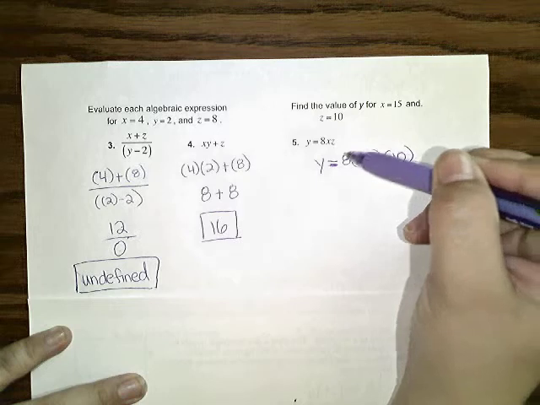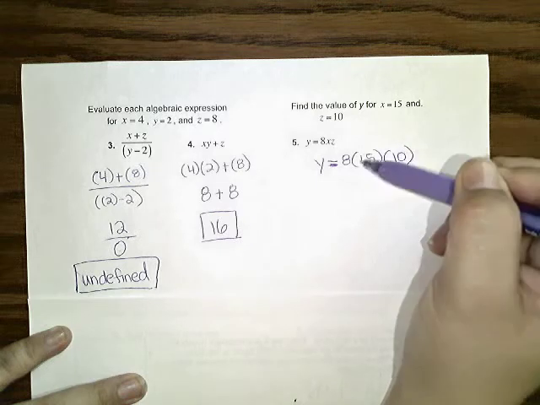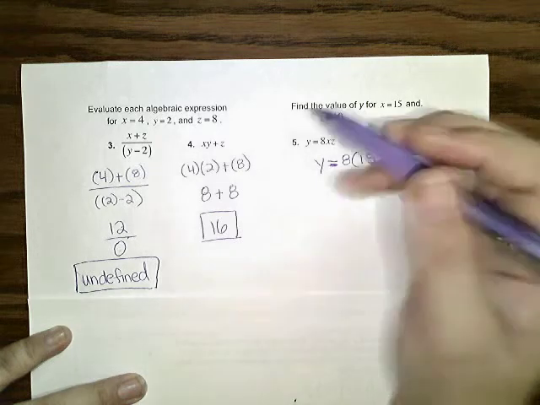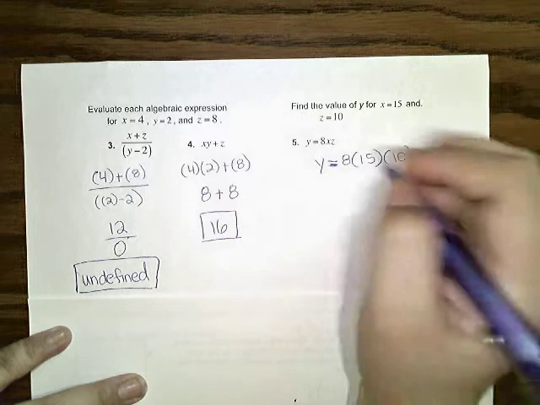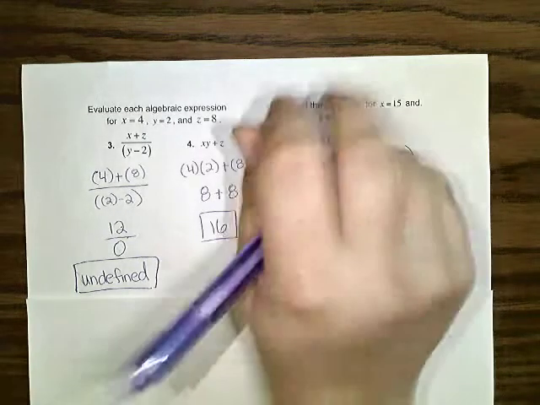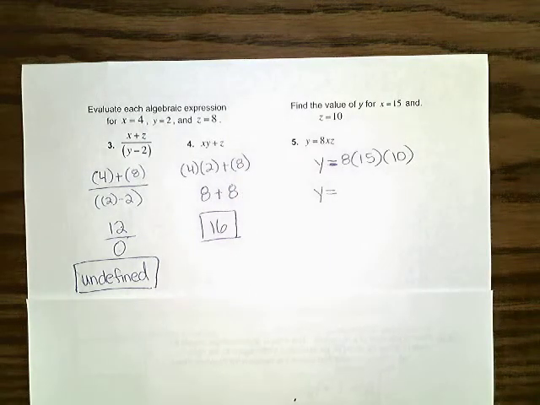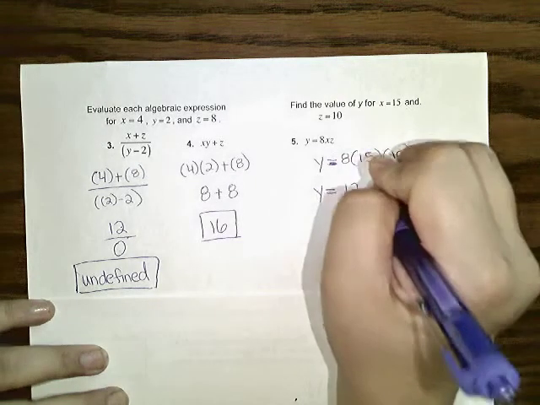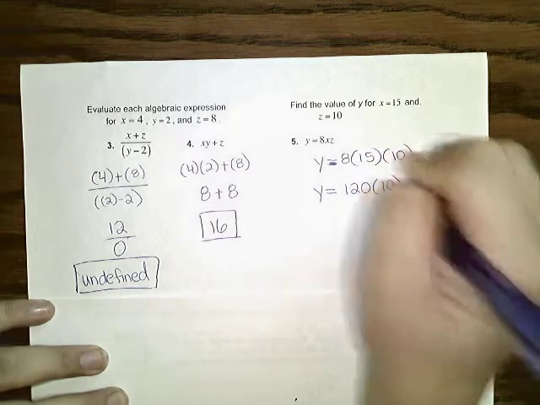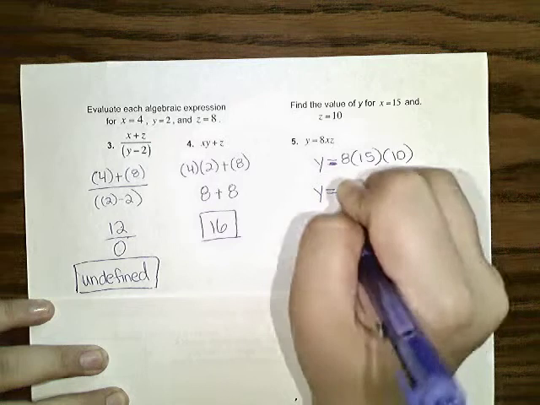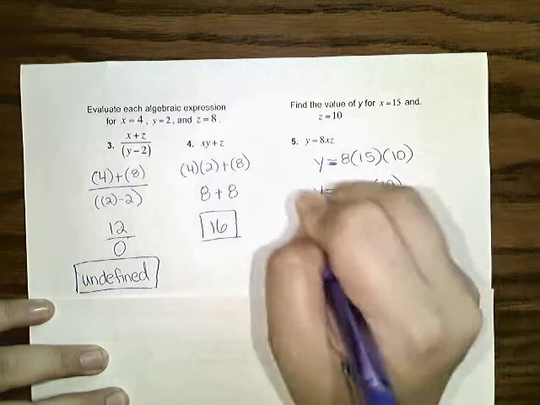You can multiply the 8 times the 10 and then multiply that by 15, or the 8 times 15 and then by 10. I'm just going to do the 8 times 15 and then by 10. So we have 8 times 15, which is 120. We're multiplying that by 10, which is 1200.